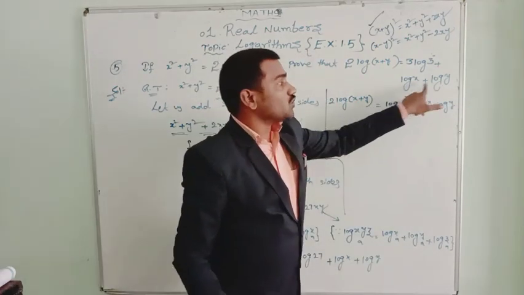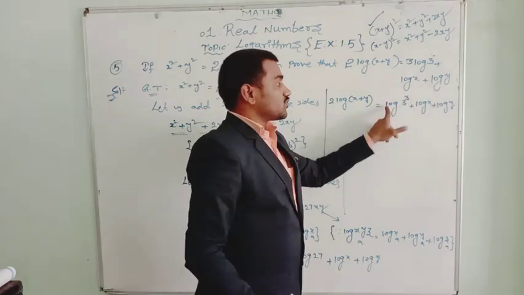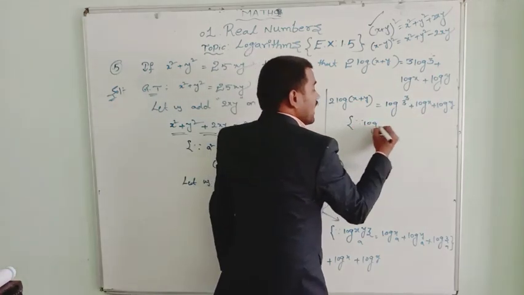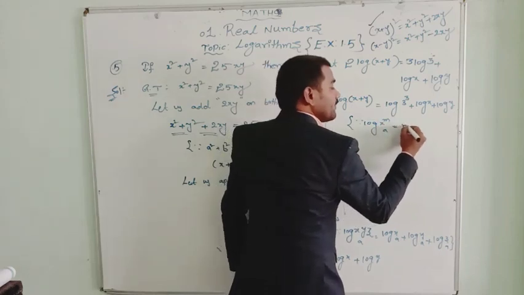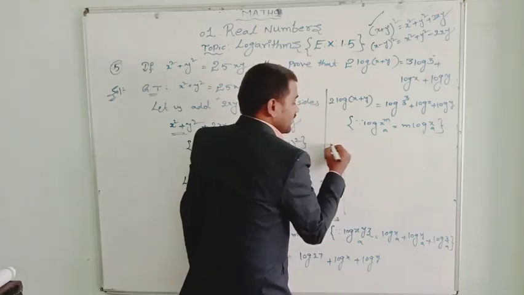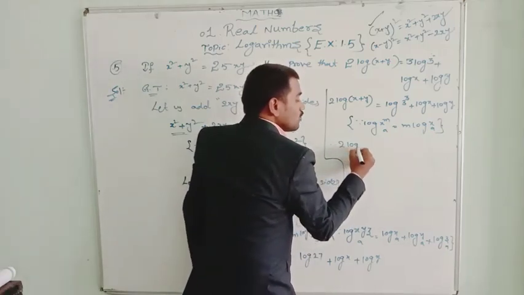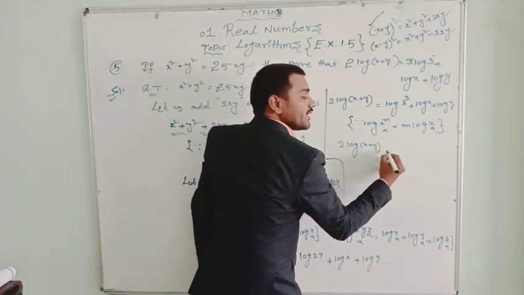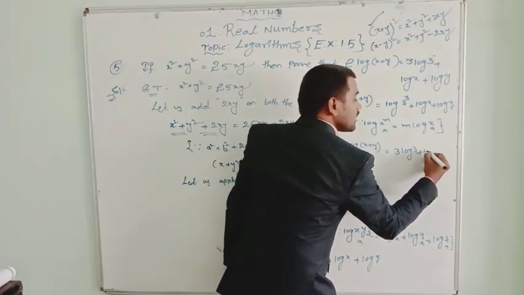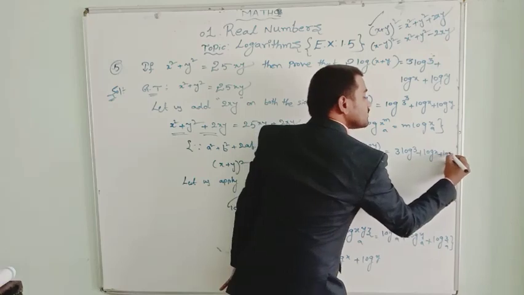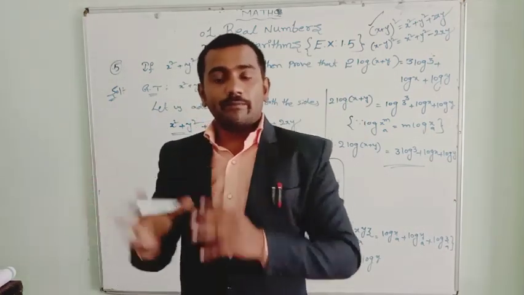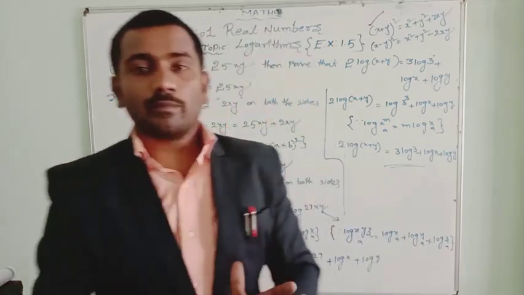Only this 3 should come in front by using the power formula, log x to the power of m base a equals m log x base a. Therefore 2 log of x plus y equals 3 log 3 plus log x plus log y. As it is completed, very important question.